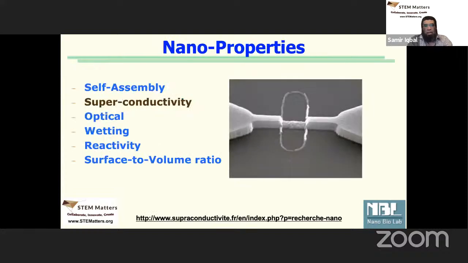Another important property at nanoscale is superconductivity. Superconductivity is a holy grail. Superconductivity has major implications in electrical devices, all the electrical systems, and in military applications.